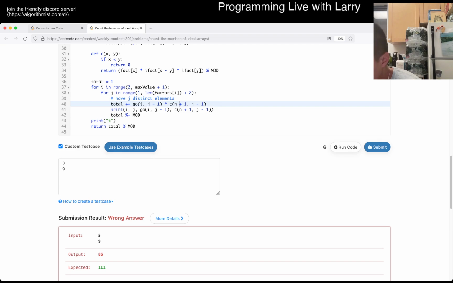So then now we have 3 choose 1, I guess, but still, how do I do it? Stars and bars.